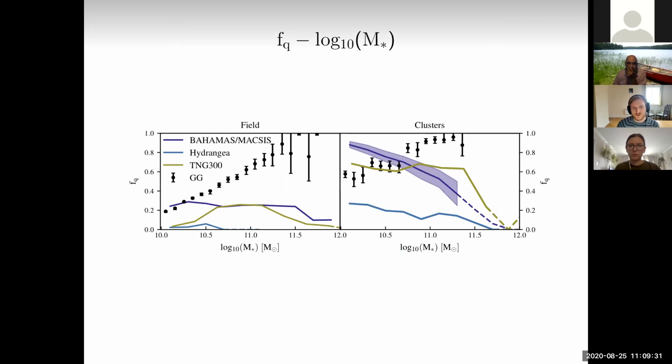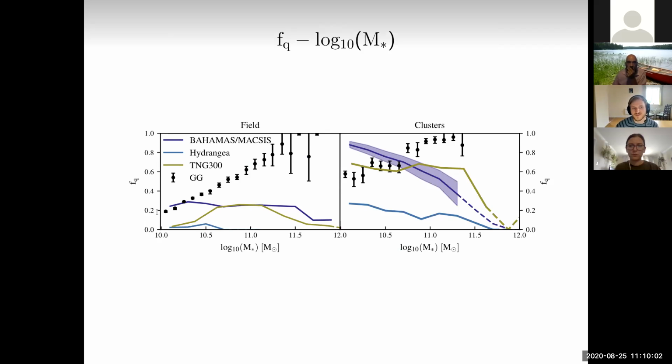Right, so quench fraction against stellar mass, so that you can kind of expect what you're going to see from those other curves. In the field, as a function of stellar mass, none of the simulations reproduce the trend of Go Green, which is that of increasing quench fraction with stellar mass, which exists at redshift 0 and at redshift 1.